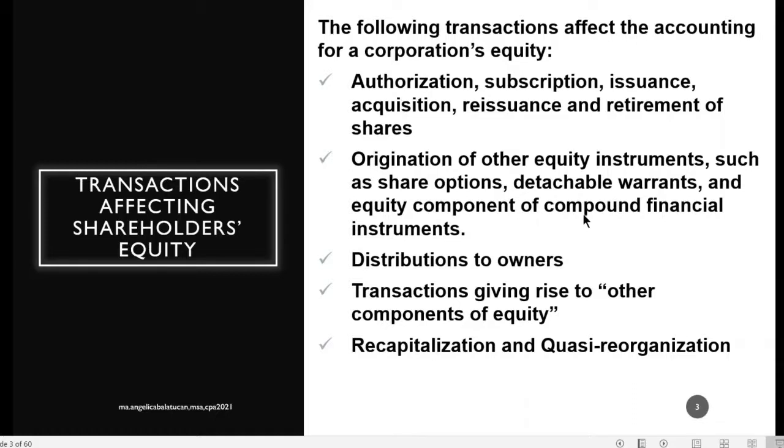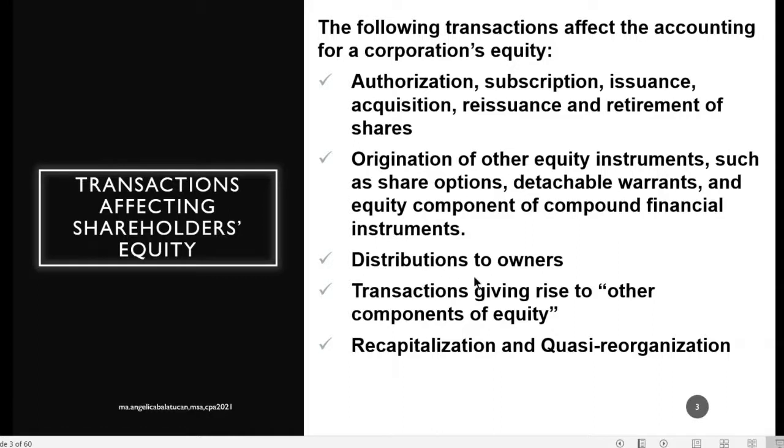When we say compound financial instrument, the most common example is when you have your bonds payable and then convertible bonds, so it can be converted to equity. It is compound because it has an equity and a debt component.